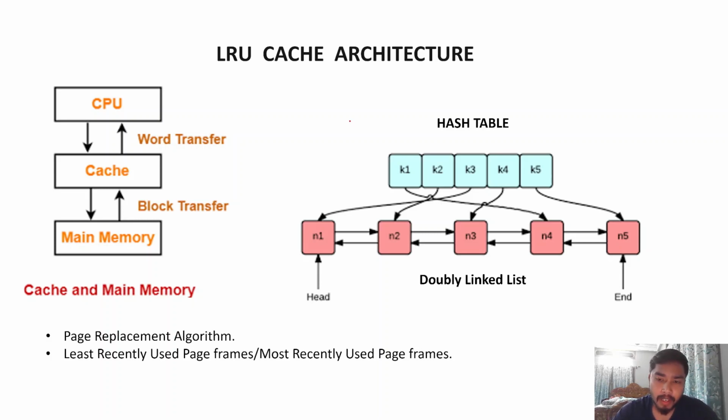So after discussing what a cache is and why we use it in the CPU, you can think of the LRU cache like this. For example, you went to a party, so you have some party wear, and you will keep that dress in your wardrobe. But the regular dresses which you wear in your home will be the most recently used.